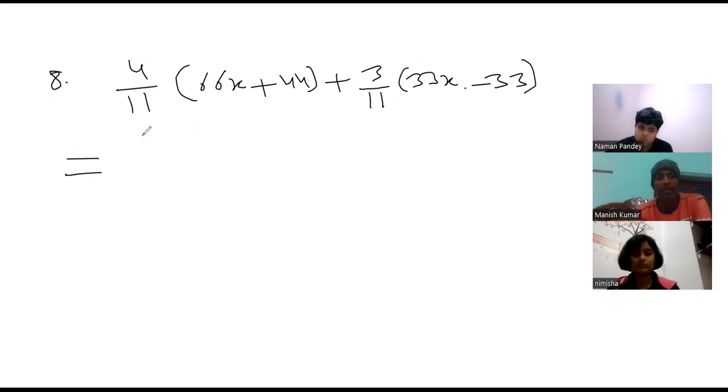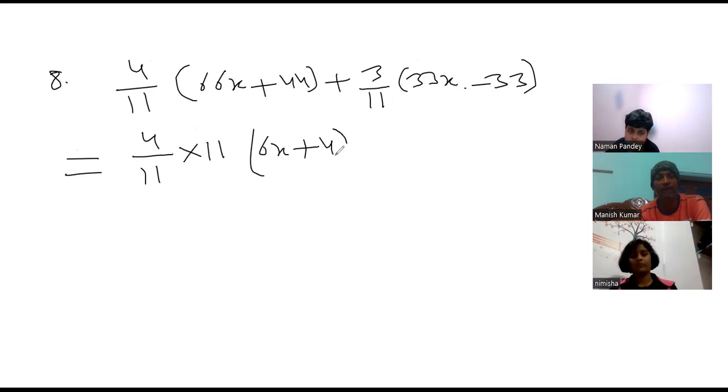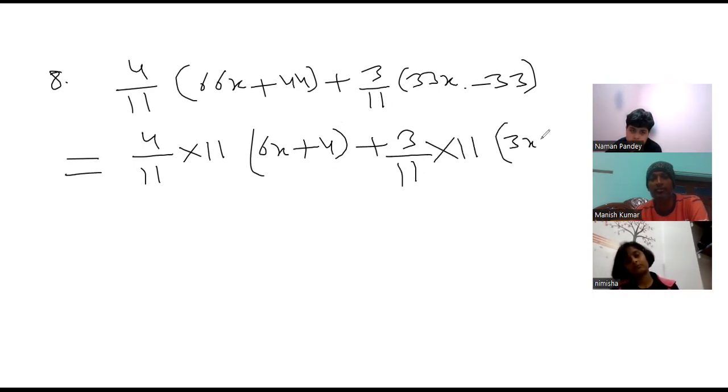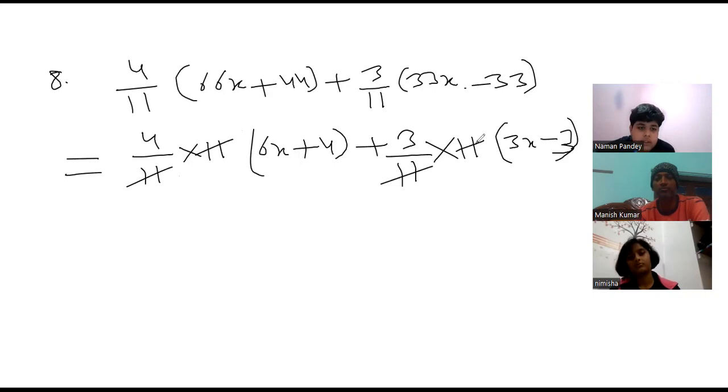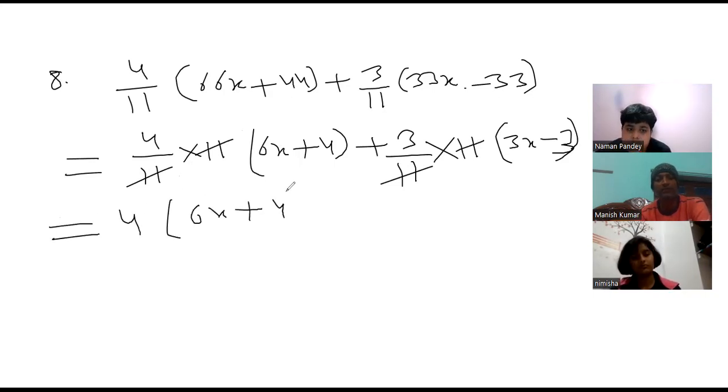This can be written as 4 by 11 into 11, 6x plus 4, taking 11 as common, plus 3 by 11 into 11 into 3x minus 3. Can we write like this? Yes, sir. Will this 11 not cancel out? Equal to 4 into 6x plus 4 plus 3 into 3x minus 3. Can we write like that?